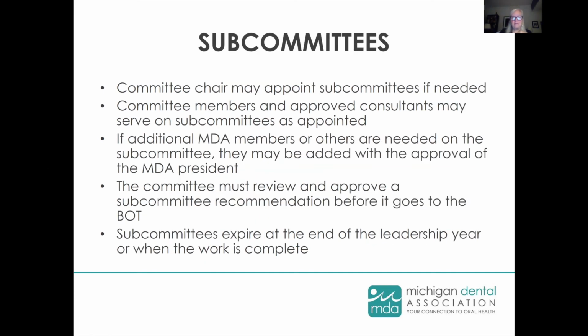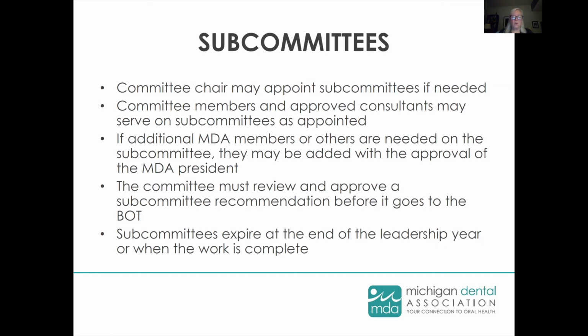Committees may have subcommittees. A committee chair can appoint subcommittees from within the committee if they need to. And in addition, committee members and approved consultants may serve as appointed. So if your committee, for example, would like to have a work group or a subcommittee to address a particular topic and you need a little outside expertise that is not currently on your committee, all that requires is the approval of the president, and they can be added.